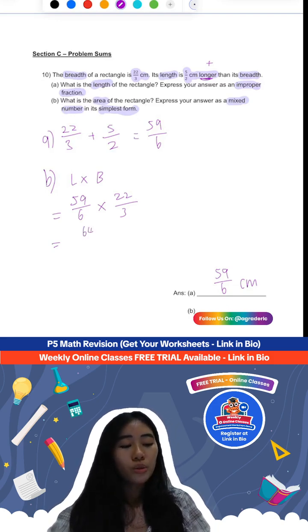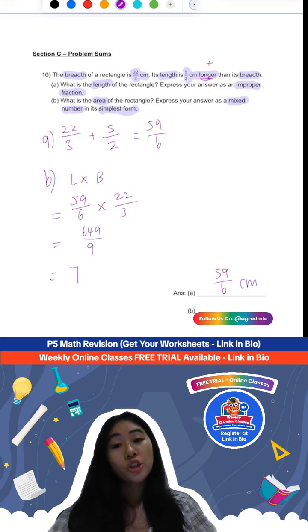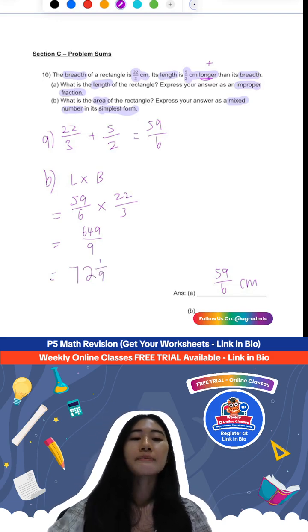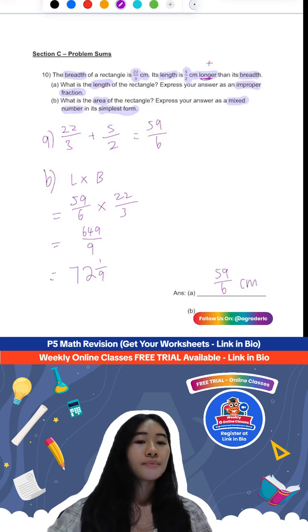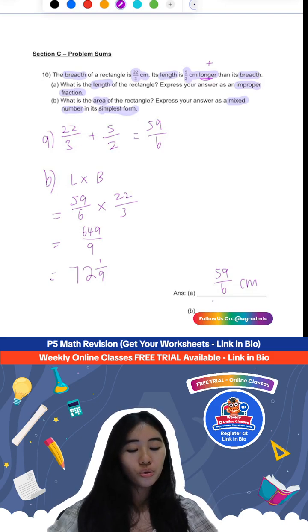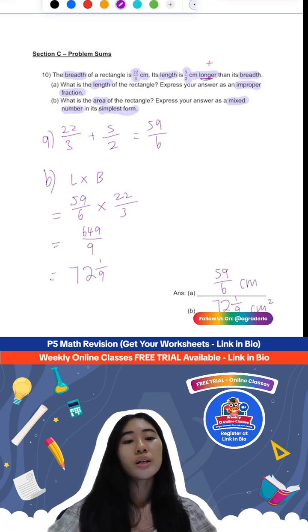It will give you 649 over 9, and then just change it to a mixed number, which is 72 and 1 over 9. Okay, so that's your final answer, 72 1 over 9. The unit for this is cm square. Okay, so take note for area is a cm square.